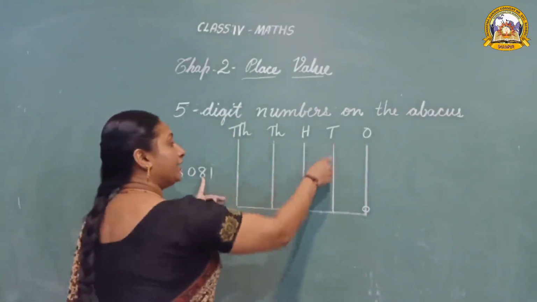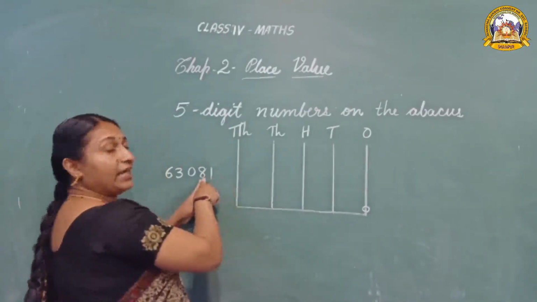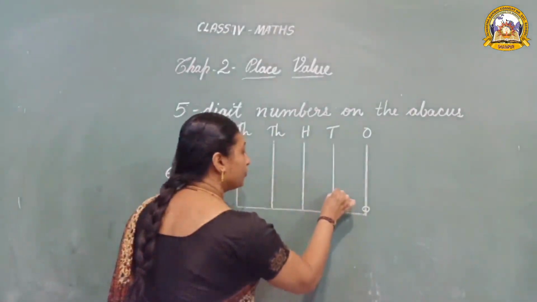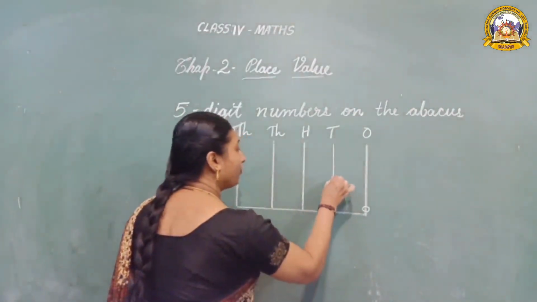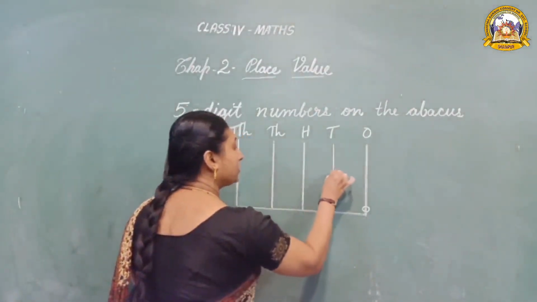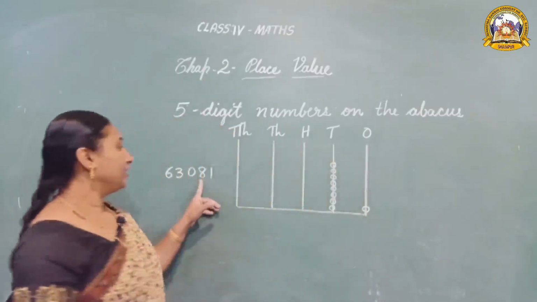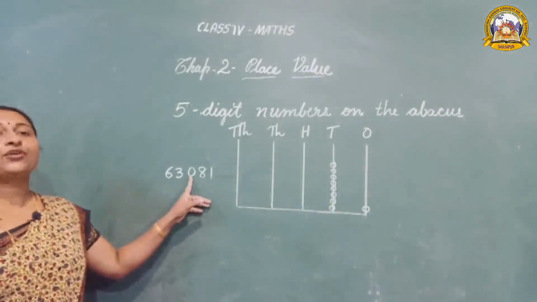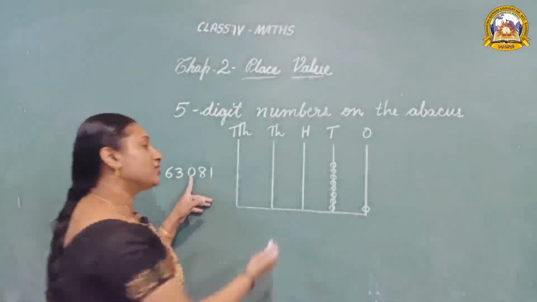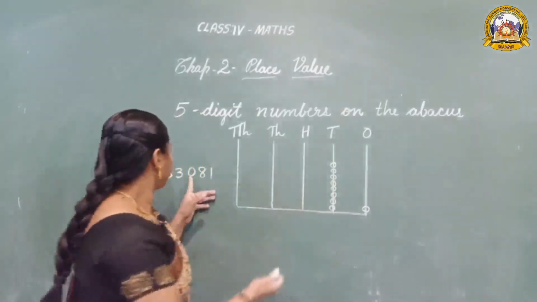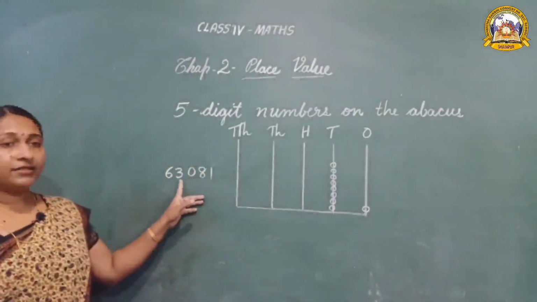Look here, under tens, we should give 8 beads. 1, 2, 3, 4, 5, 6, 7, 8. Next, 0 hundreds. There is no need of a bead.